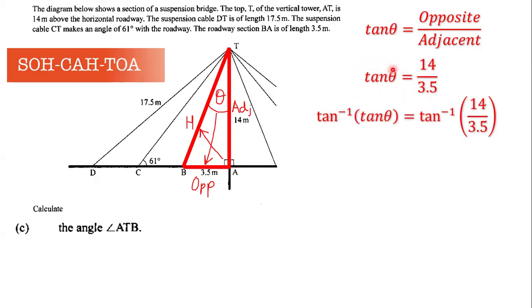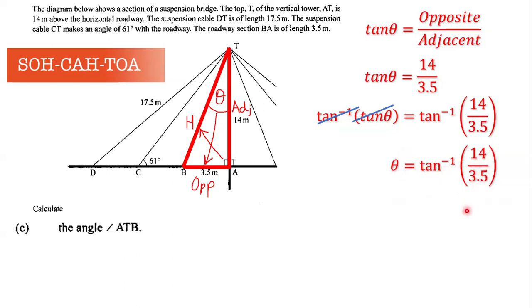So we have tan inverse of tan theta equal to tan inverse of 3.5 over 14. We cancel the tan inverse with the tan, and this gives us theta is equal to tan inverse of 3.5 over 14.